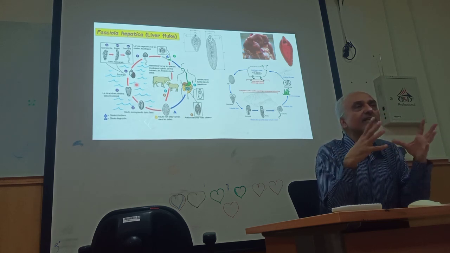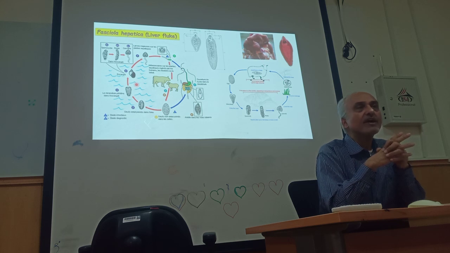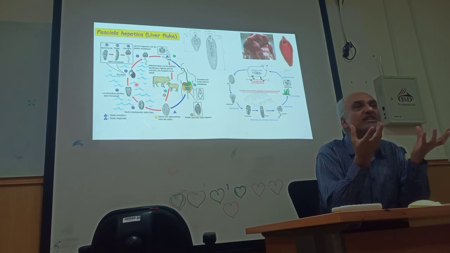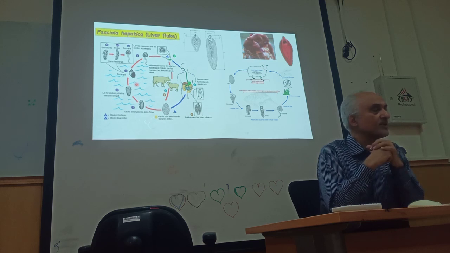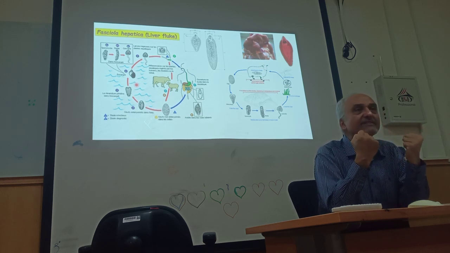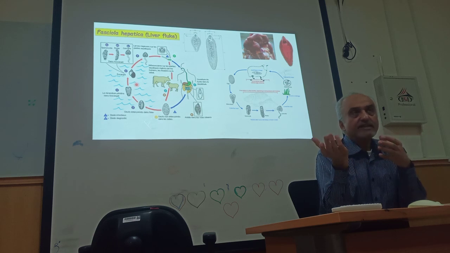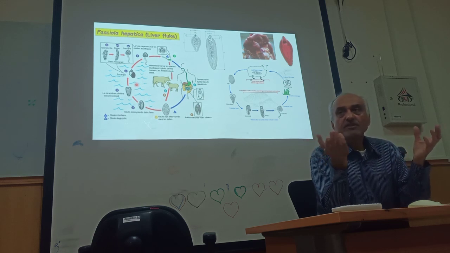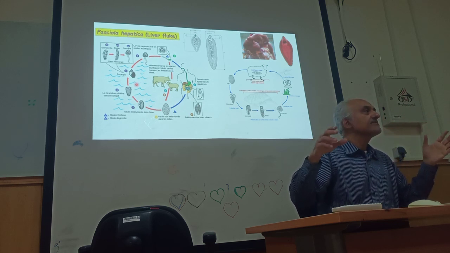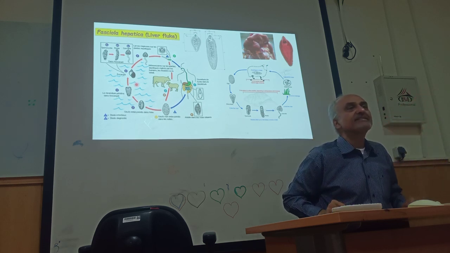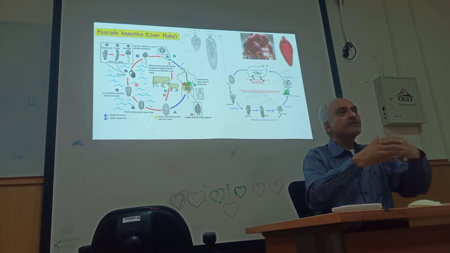They become ready to be ingested by animals or, in some cases, humans. You can see that sheep, cattle, and goats go grazing, so it's very easy to guess that they may get plenty of metacercariae during their grazing.